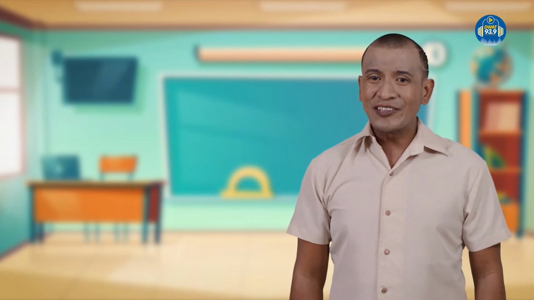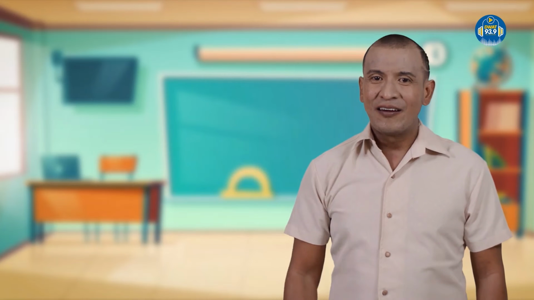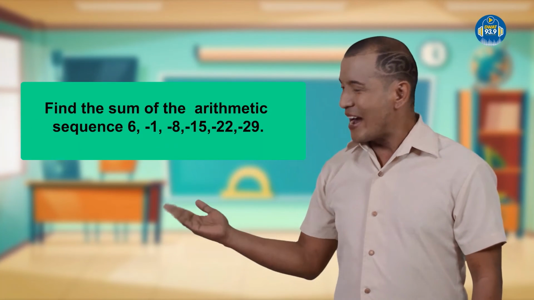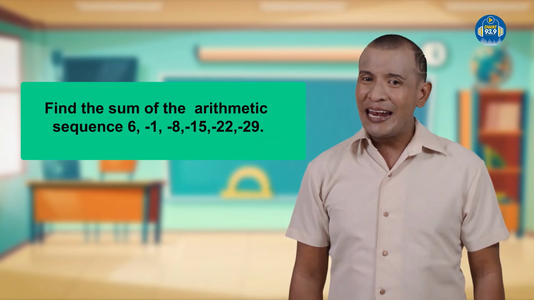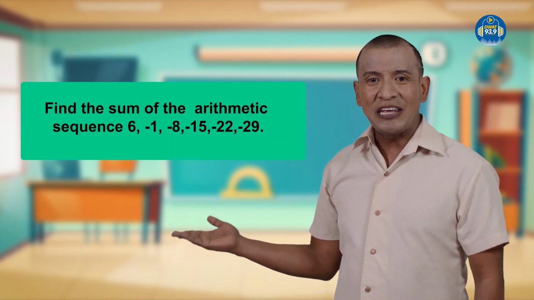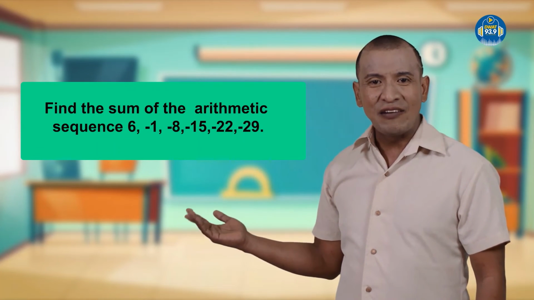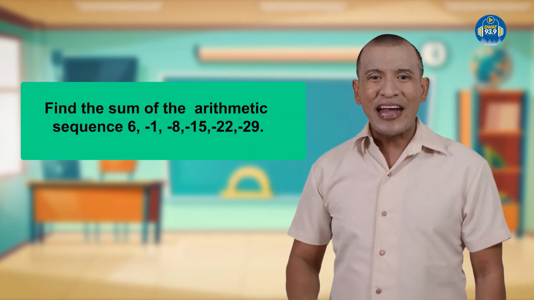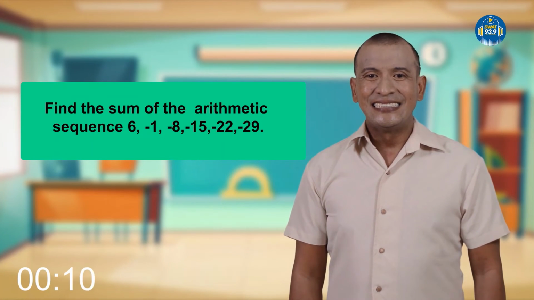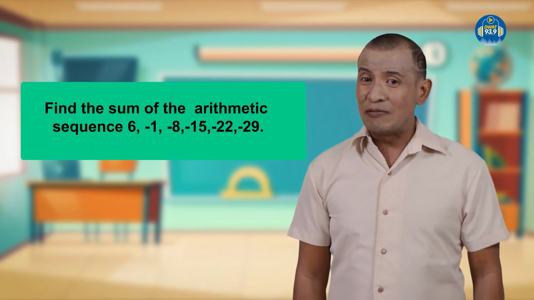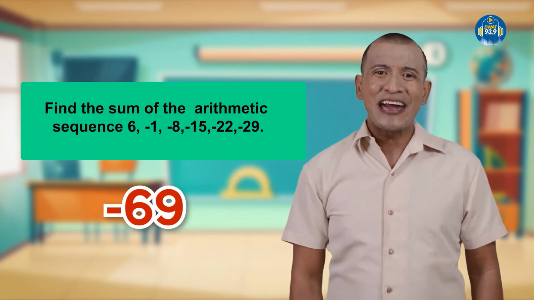Now, it's your turn to answer some problems in finding the sum of an arithmetic sequence. First problem. Find the sum of the arithmetic sequence 6, negative 1, negative 8, negative 15, negative 22, negative 29. What is your answer? If your answer is negative 69, then you are correct.